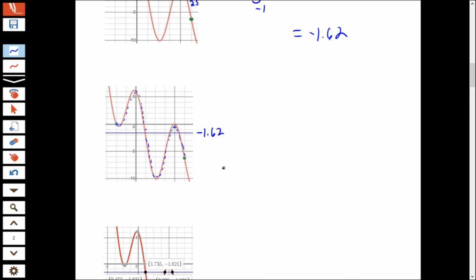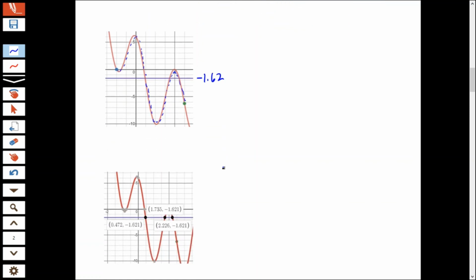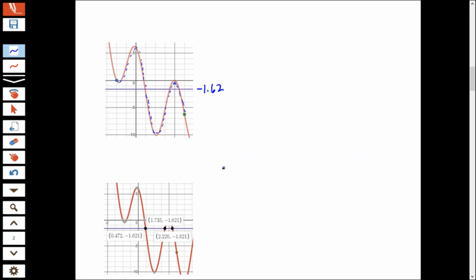Now, some of the questions you're going to come across are going to ask you to do one more thing. It's almost like the mean value theorem for integrals, in that there has to be some value c that's inside this interval, between -1 and 5/2.